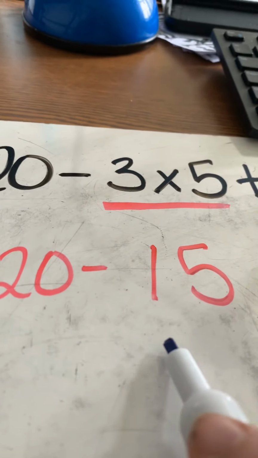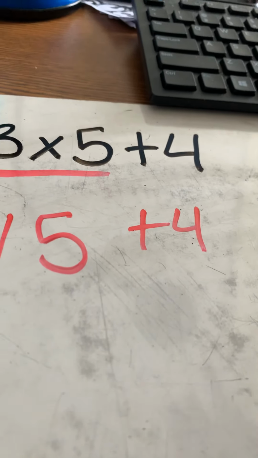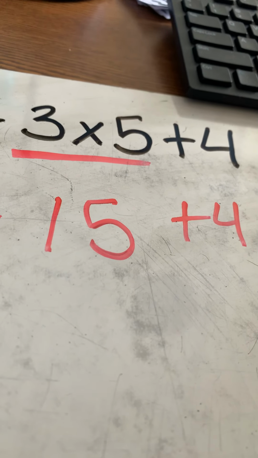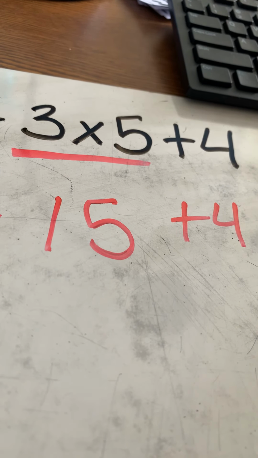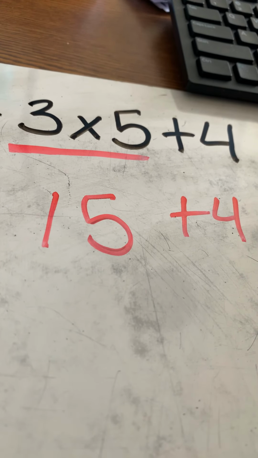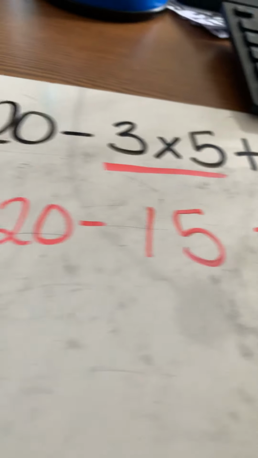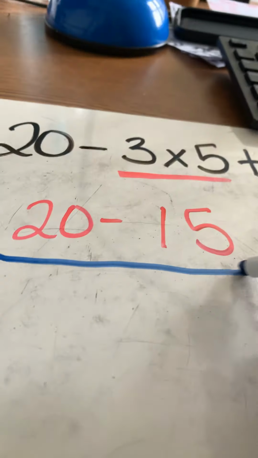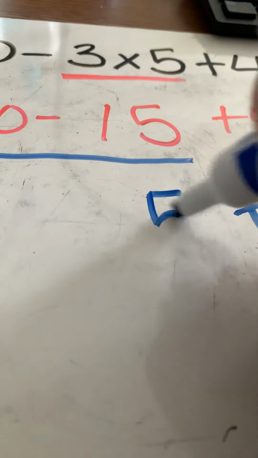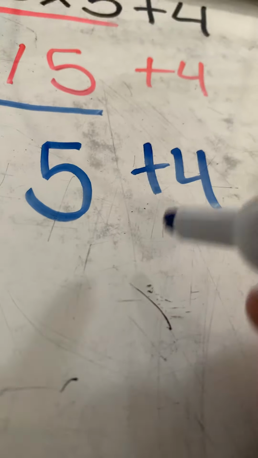So I have a subtraction and I have an addition. Which one do I do first? I go from left to right. So I need to do my 20 minus 15 first. Then I'm going to have my plus 4. 20 minus 15 is 5. Now I can do my 5 plus 4.